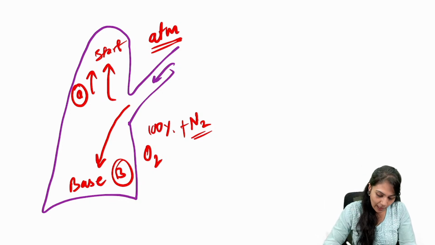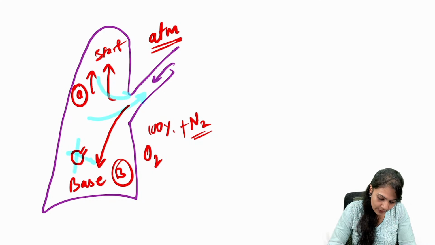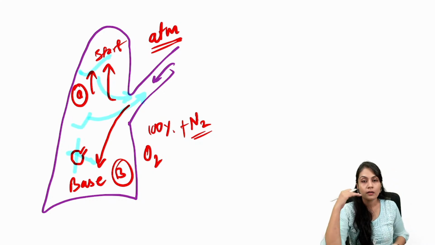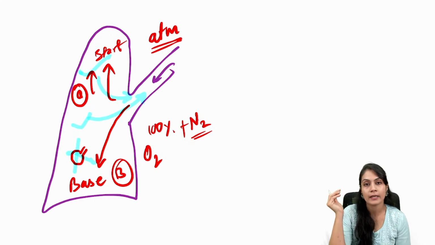Now, I told you that these basal alveoli are smaller and they are going to close first. As soon as they close first, what is going to happen? When the person starts to expire, the remaining air is going to come from the apical alveoli and the middle part alveoli.